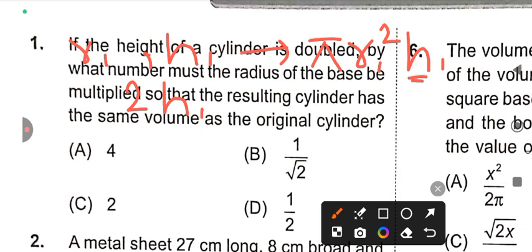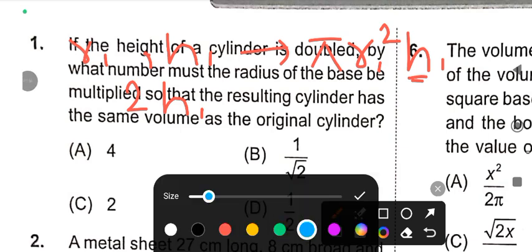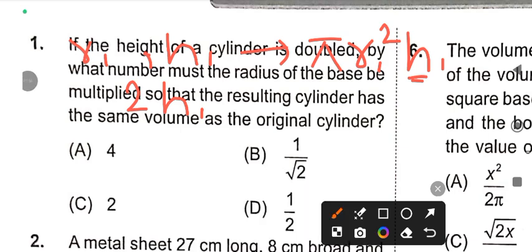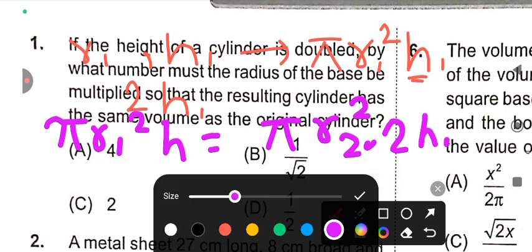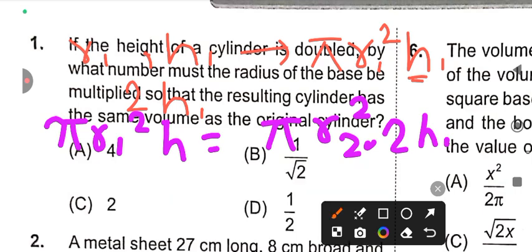Both the cylinders have the same volume, so we can make an equation like this: pi R1 square H1 is equal to pi R2 square into 2 H1, as it is given, and we have to find out the value of R2.